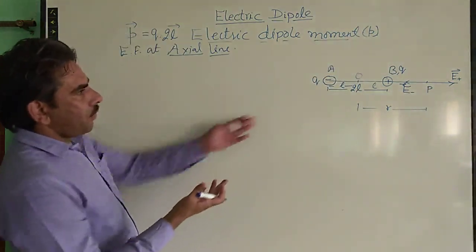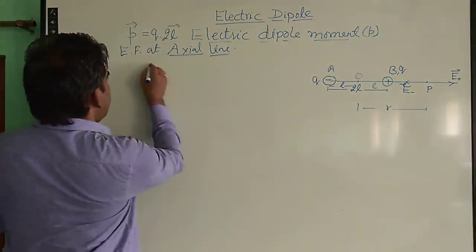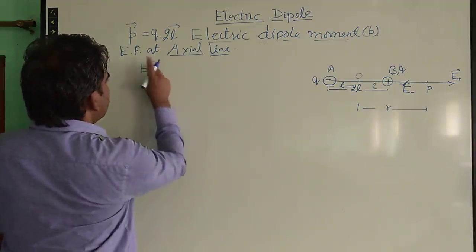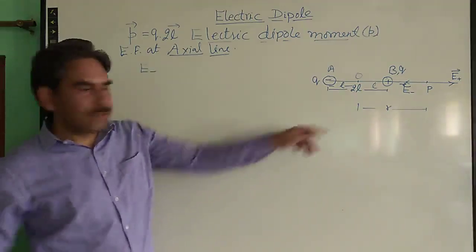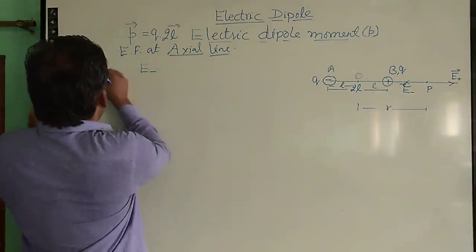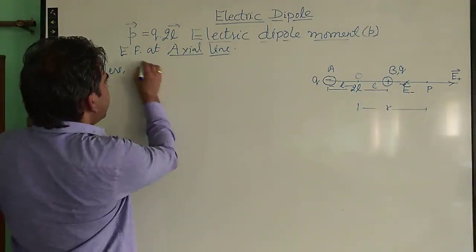So let us take for example the first charge A. The electric field due to the charge which is placed at point A, which is negative, I am representing it with the E negative symbol.